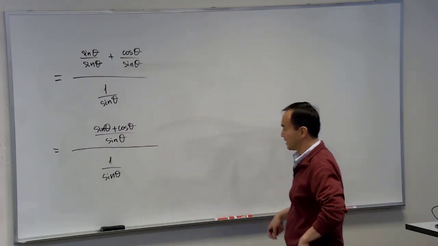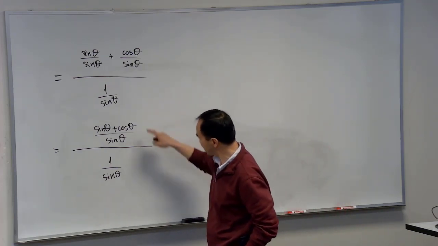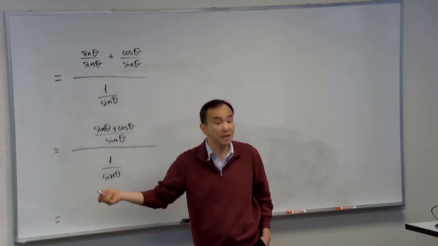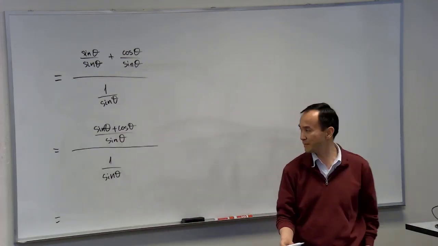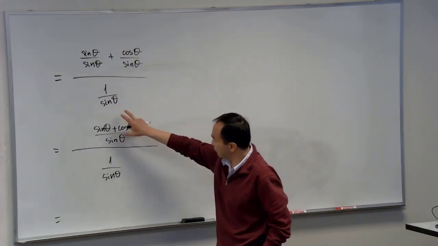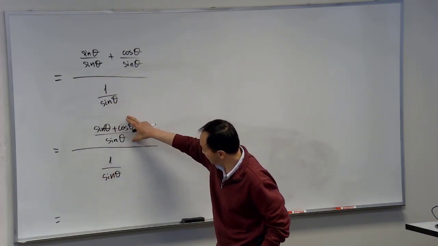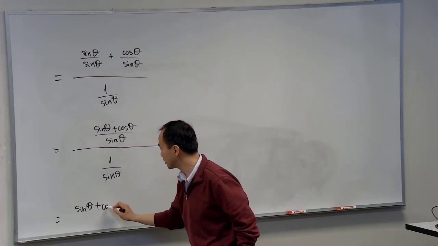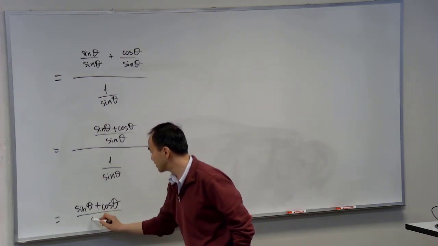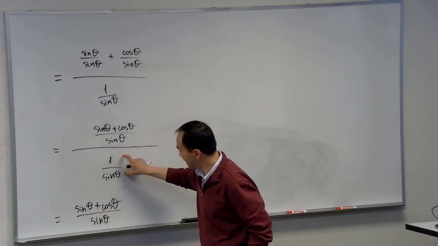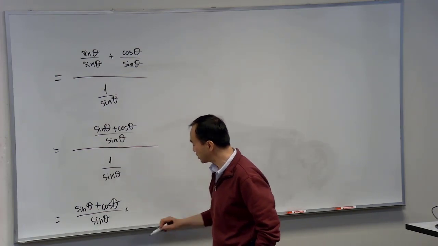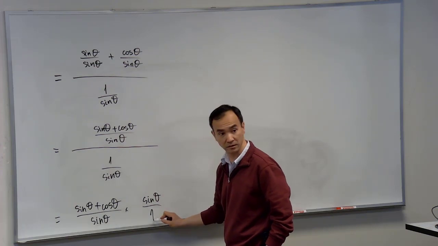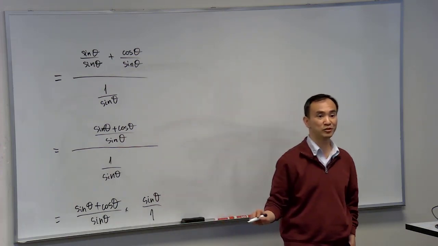And then we can keep going, because every step here in the simplification work uses understanding that everybody's learned. Now I'm going to rewrite the whole fraction. See, there's a fraction in the numerator. I'm going to rewrite it as sine of theta plus cosine of theta over sine of theta, but now dividing by that fraction in the denominator, I'm going to multiply by the reciprocal. So now we have sine of theta over 1. All agree with the algebra, I guess.